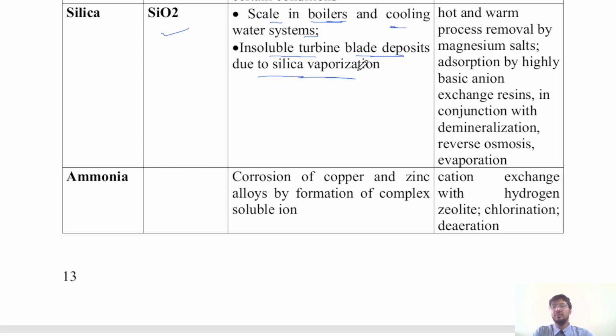It can be removed by the hot and warm process, removal by magnesium salts, and adsorption by highly basic anion exchange resins in conjunction with demineralization. It can also be removed through reverse osmosis and evaporation.